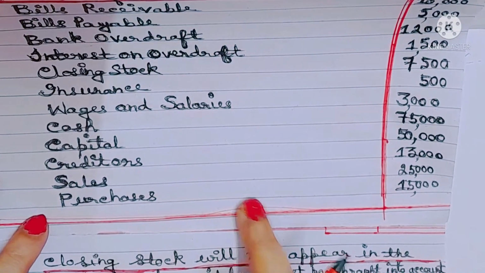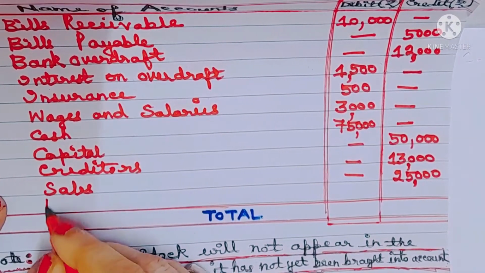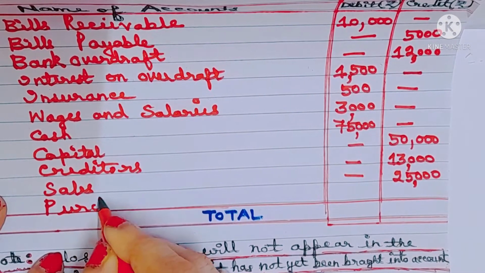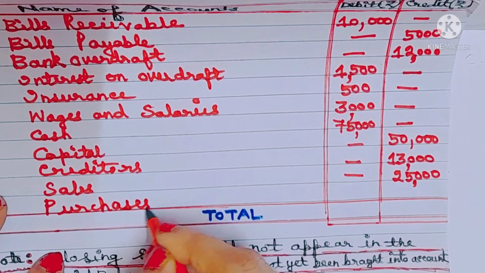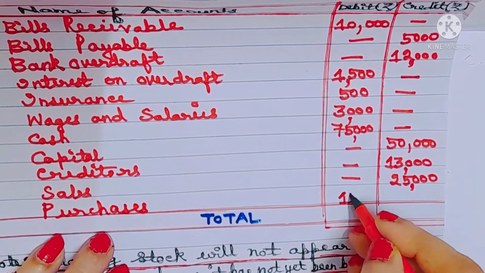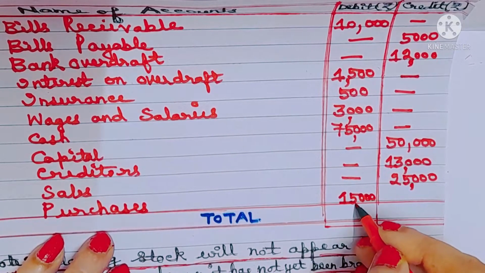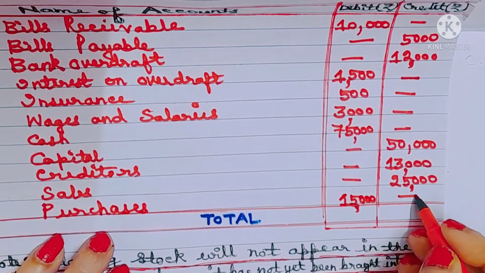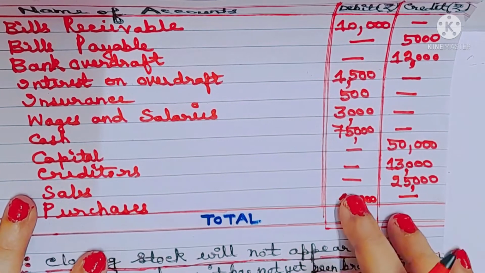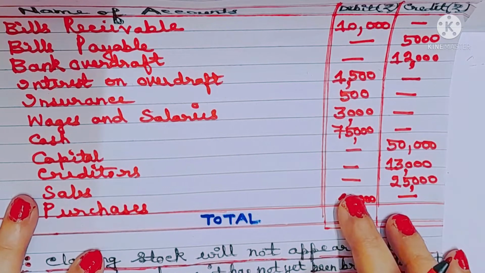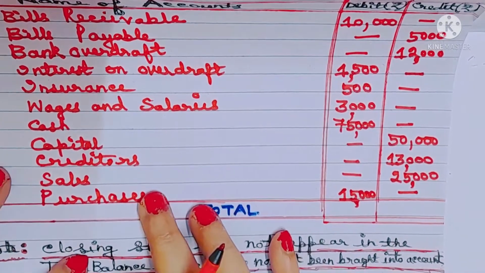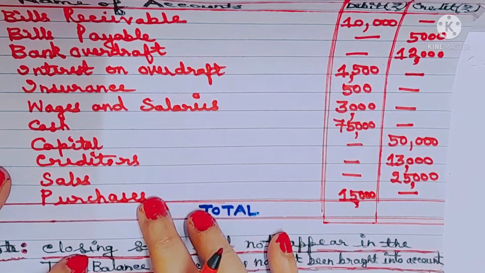Purchases account 15,000. Let's write purchases. Purchases is a debit balance, 15,000. That is the reason we are writing 15,000 in the debit column. But why purchases is a debit balance? Purchases falls under real account as well as nominal account. According to real account, what comes in is debit.